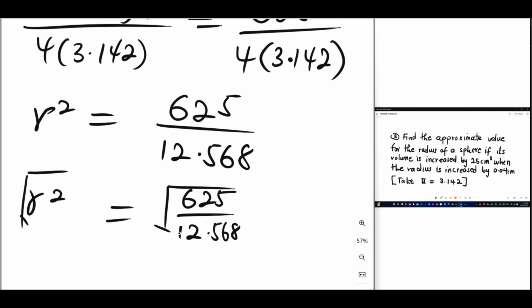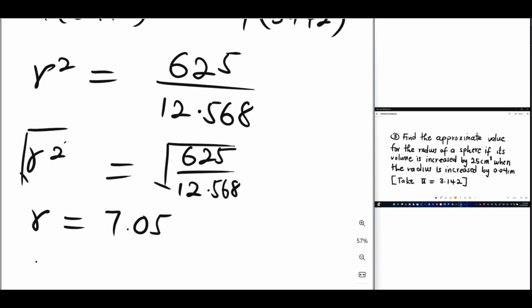Let's use our calculator to verify. We are going to get a result of 7.05, that's in two decimal places.